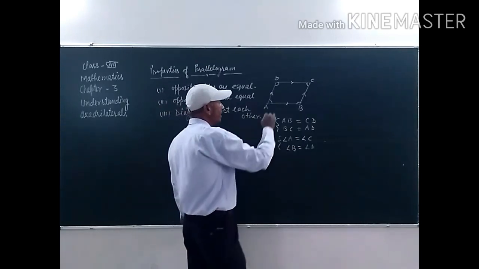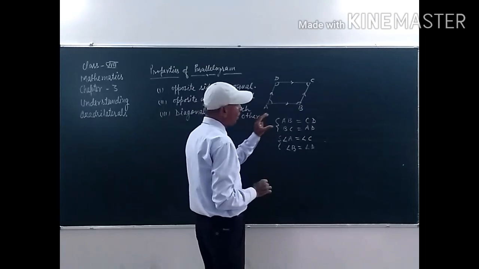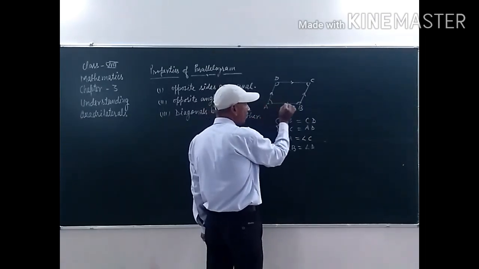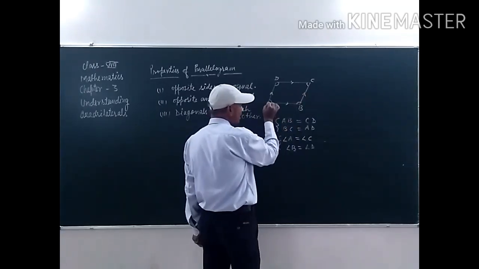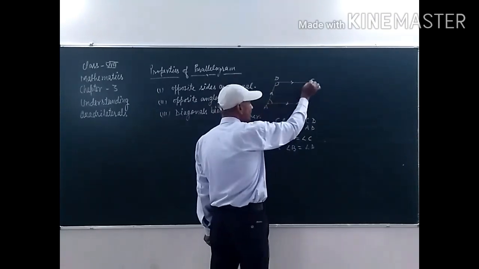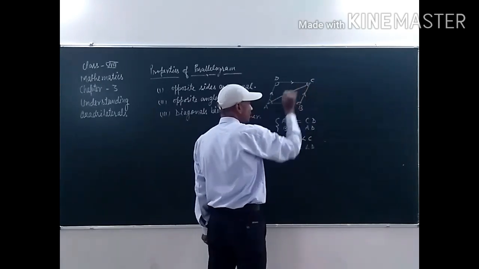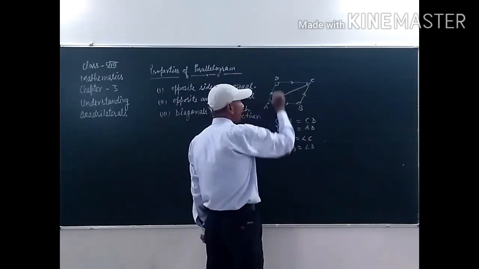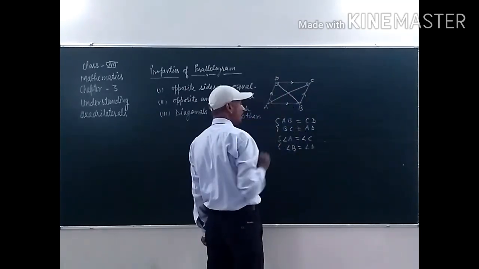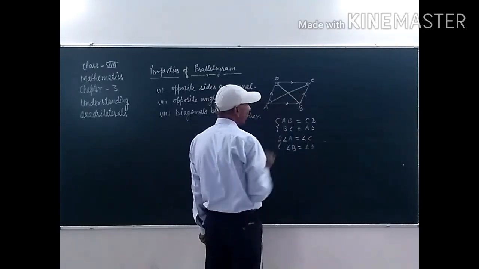Diagonal, student, is the line that meets the opposite vertex. It means it meets non-consecutive vertices of A, B, C, D. A and C are non-consecutive vertices, so it meets AC, this one diagonal, and this one BD, the second diagonal. So these diagonals bisect each other.